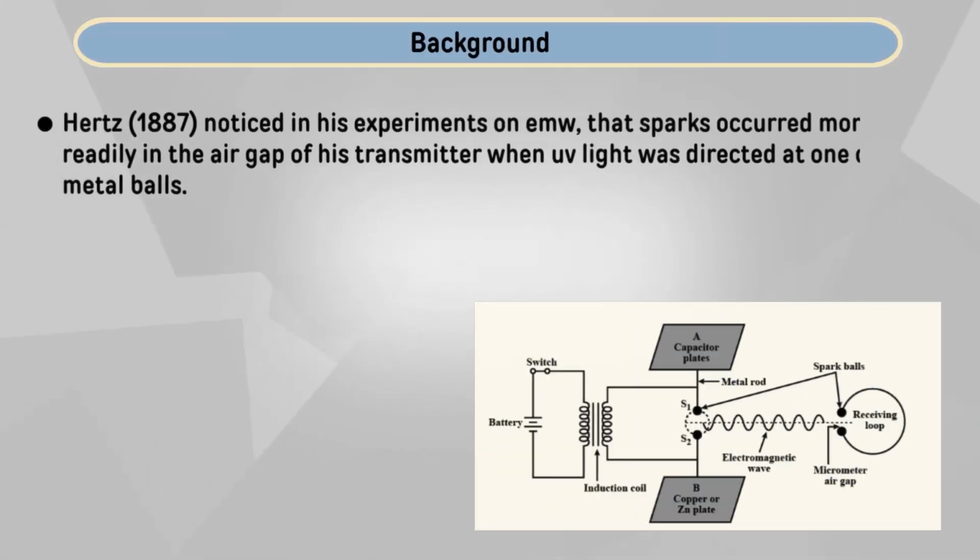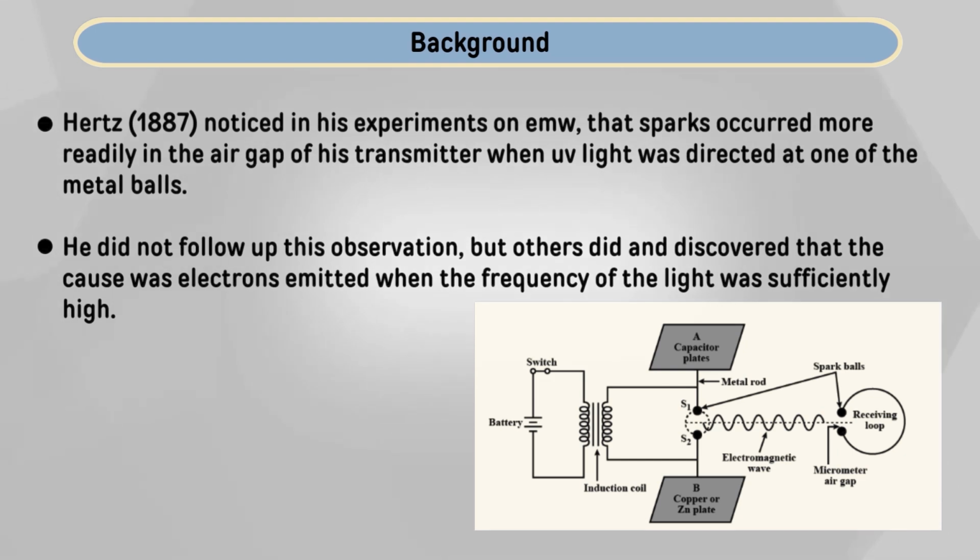In 1887, Hertz noticed in his experiment on electromagnetic waves that sparks occur more readily in the air gap of his transmitter when ultraviolet light was directed at one of the metal balls. This was the experimental setup during the generation of EM waves.